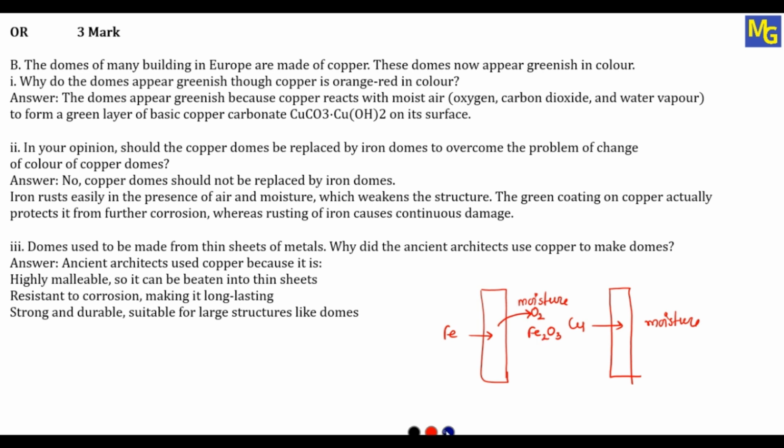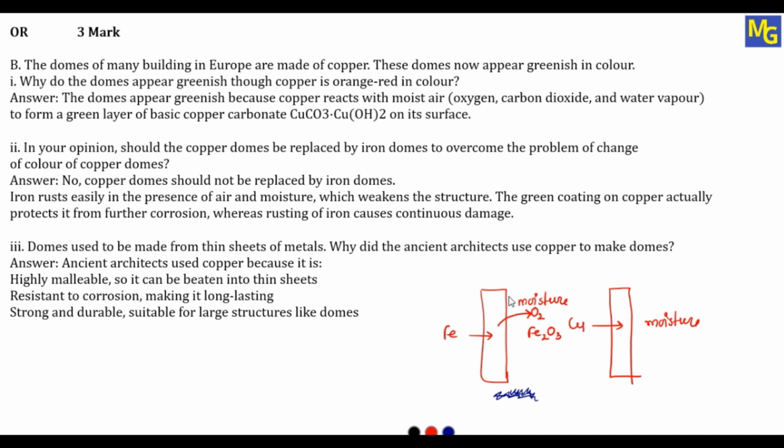That brown colored powder which is formed will not remain attached to the metal piece. It will fall down immediately. After the formation, all the iron oxide powder will fall down. It will not remain attached to the iron piece.